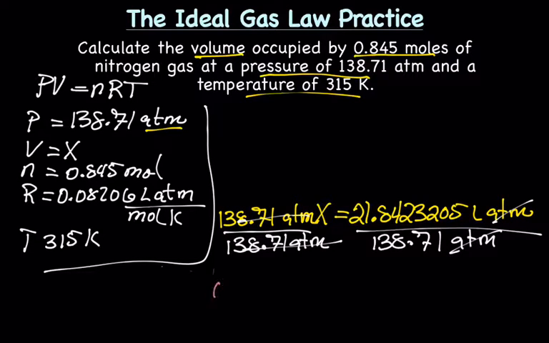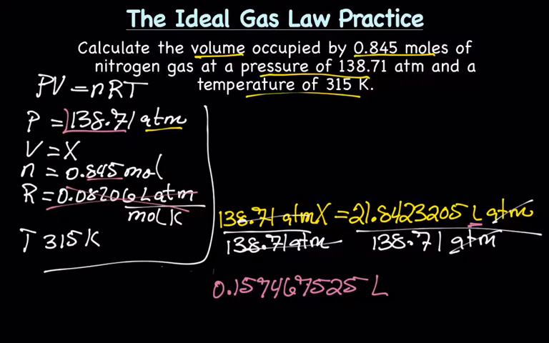And I got 0.157467525. We still have liters left, so liters. Last step is to check our sig figs. So we have 5 and 3, and this is a constant, so we don't worry about the R, and 3.